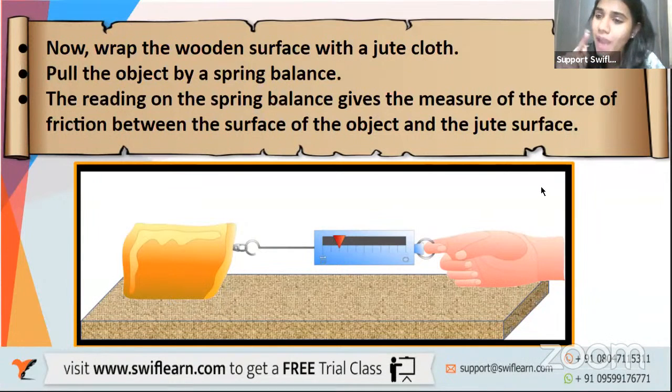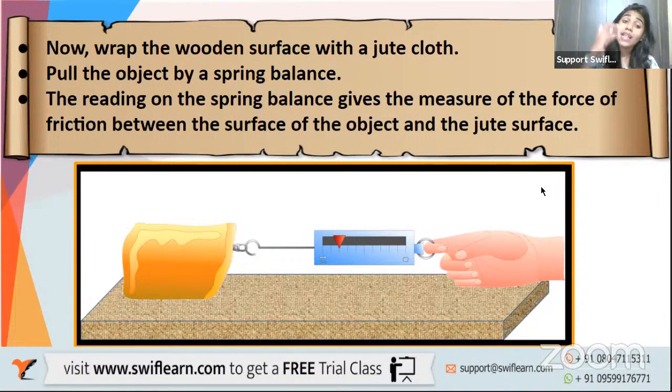Now, do you think the frictional force will be more, or do you think the frictional force will be less? Think, what do you think? It would be more difficult to pull the object on a rough surface, right?